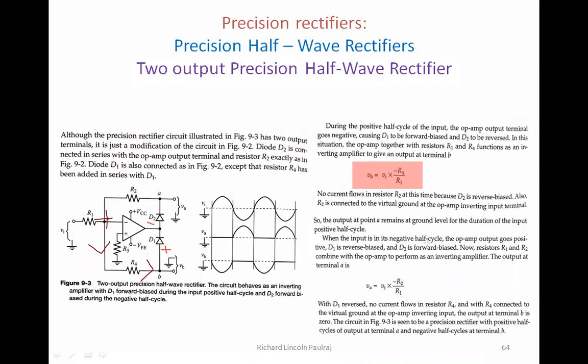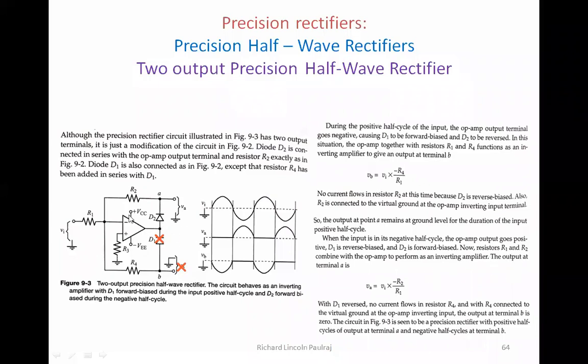So when the input is in the negative half cycle, the reverse happens. This gets into reverse bias, right? So we will be having only D2, which means we are not going to get VB. We'll be getting only VA, and D2 is forward biased.